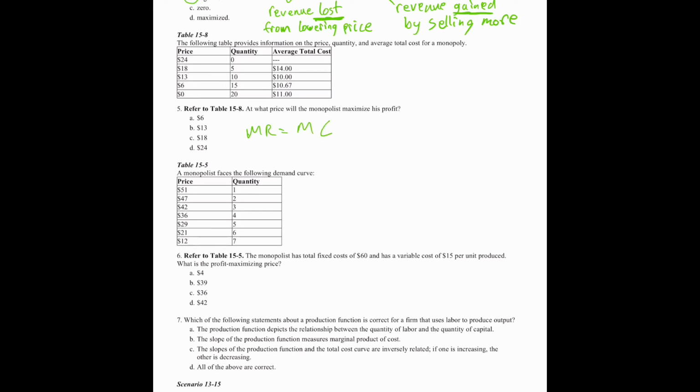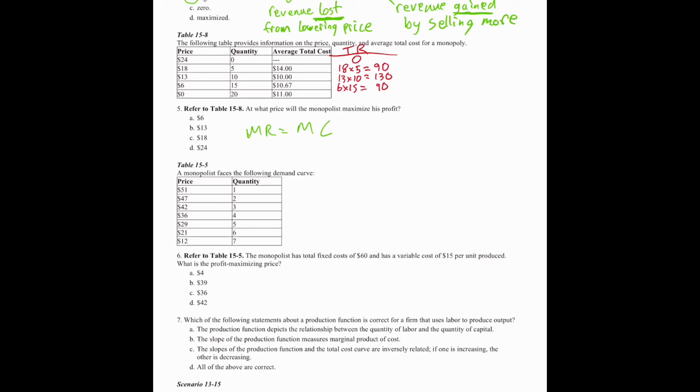So let's go ahead and make a total revenue here. Well, that's going to be equal to 0 if you don't sell anything. 18 times 5 is equal to 90. 13 times 10 is equal to 130. And 6 times 15 is equal to 90.